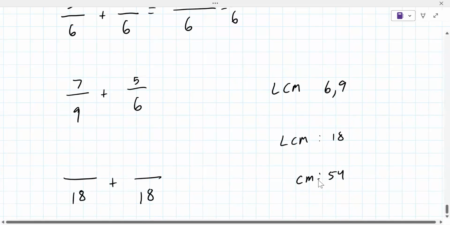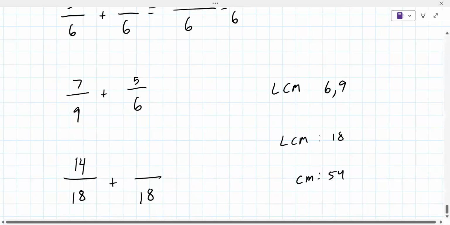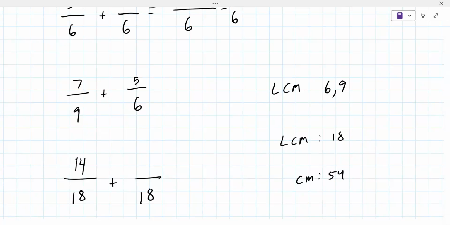So tell me what goes in the top here and the top here. So the first one would be 14, and then the second one would be 15.